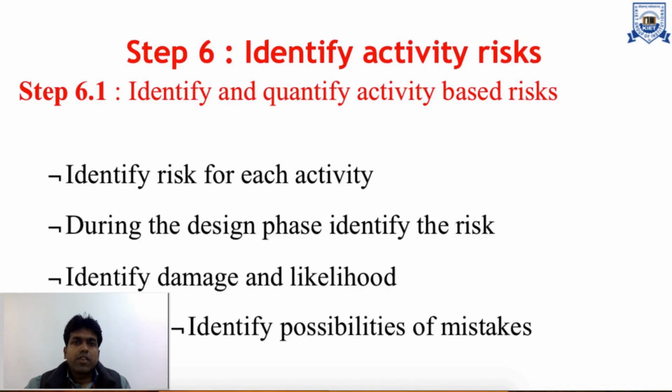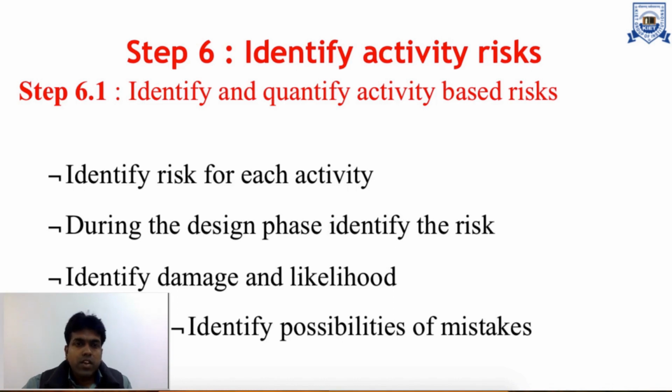Then the next step, that is step number 6, is identify activity risk. In this step, we identify the various risks for every activity. So identify and quantify activity-based risk. First of all, we identify the risk for each activity.